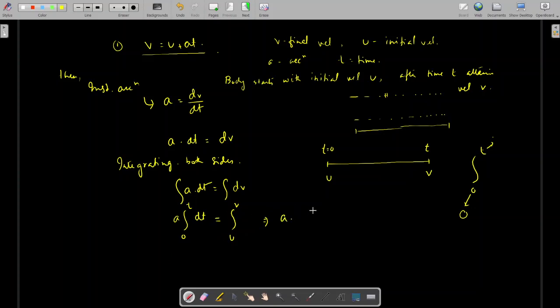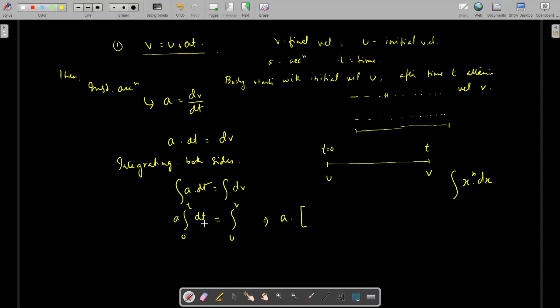Now a, and the limits of time are 0 to t. So how are you going to integrate this? Suppose I take x to the power n into dx. Here dx is the integration coefficient.